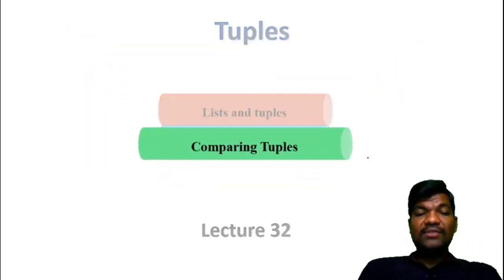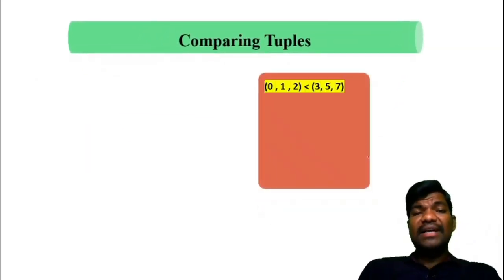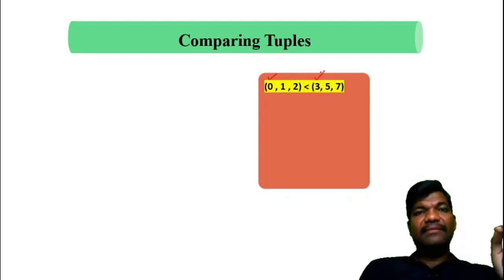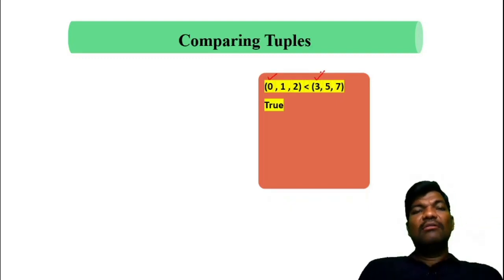So that is the concept of dictionaries and tuples. Now coming to the last one, comparing tuples. First check the example: 0, 1, 2 is less than 3, 5, 7. That means first compare the first elements. 0 is less than 3, so this is true. No need to check the others.